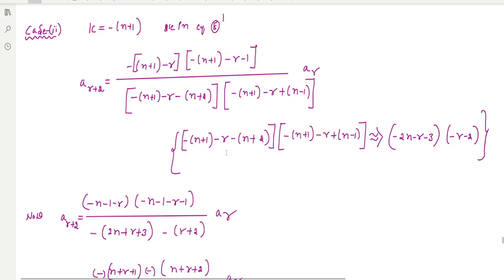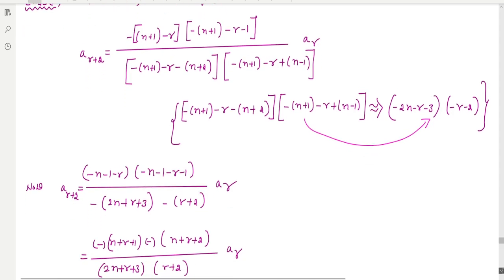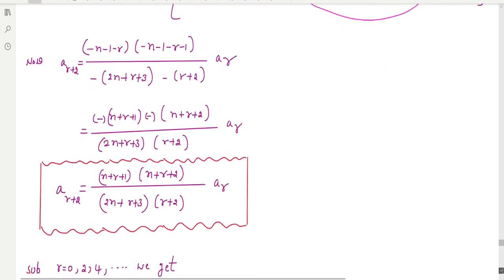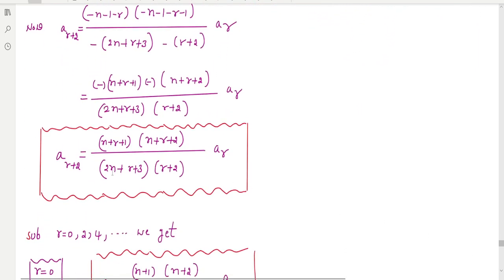So after replacing here also, I modified this denominator. This is our original denominator value. So I modified this denominator value like this for simplification purposes. So like that, if you solve this equation in a similar way, you will get the nth term here also.